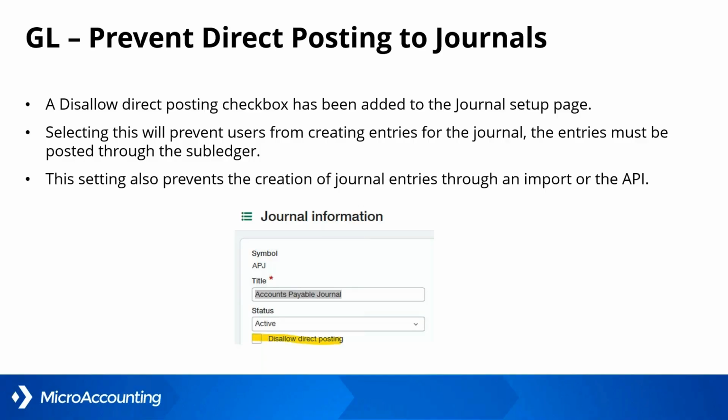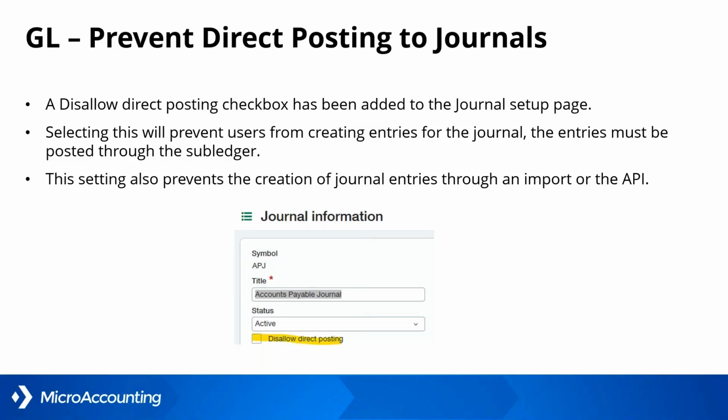So on your different journal codes, if you only want those to be used for system-generated entries like the AP journals, the AR journals, etc., then you can set that to disallow direct posting. This will prevent users from being able to enter a journal entry manually to that journal code, and they must then be posted through the subledger.